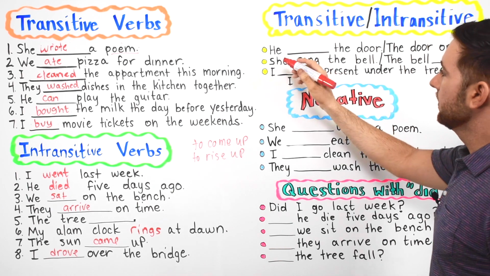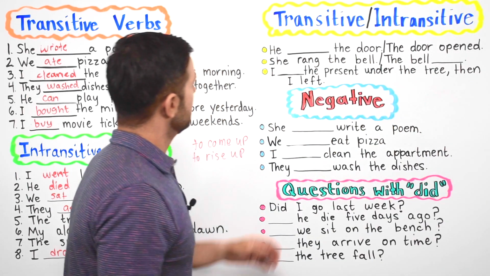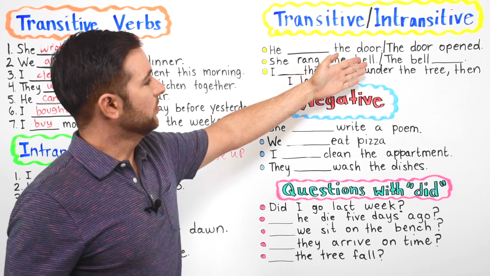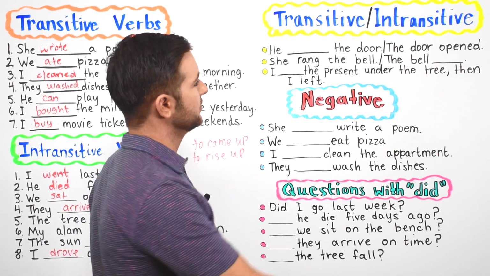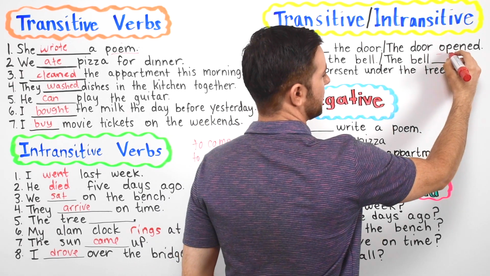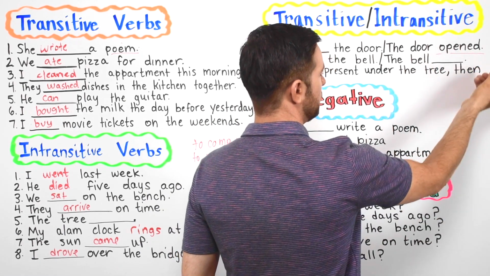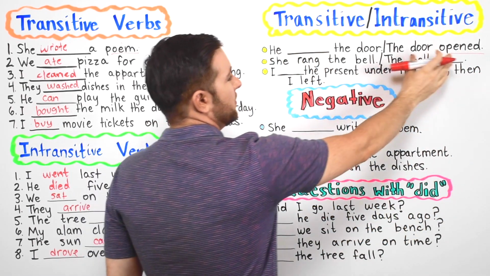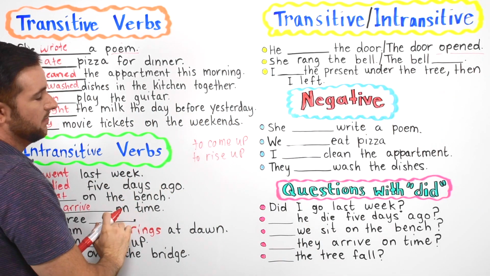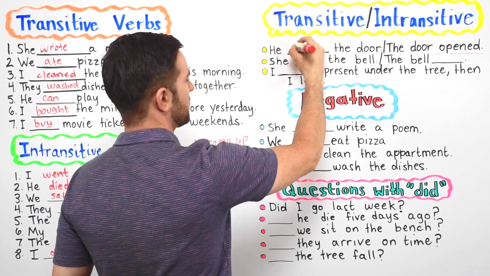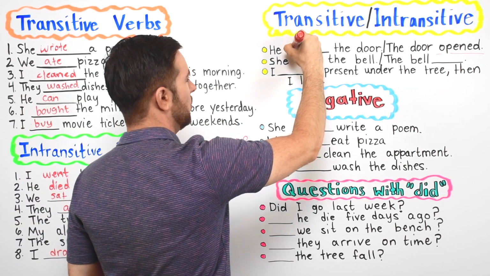It says he blanked the door, or it says the door opened. So you see that we have this verb right here, which comes from the verb to open. Now, this itself is intransitive. But we need a transitive verb here, so we're going to say he opened.